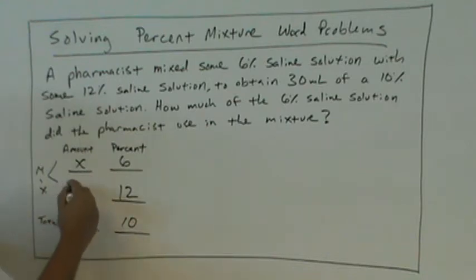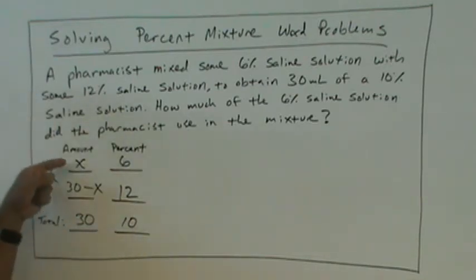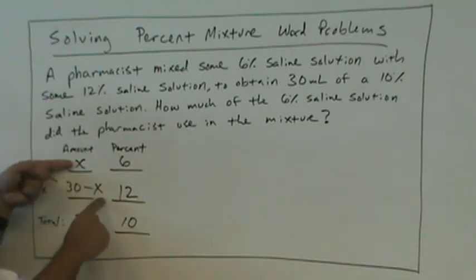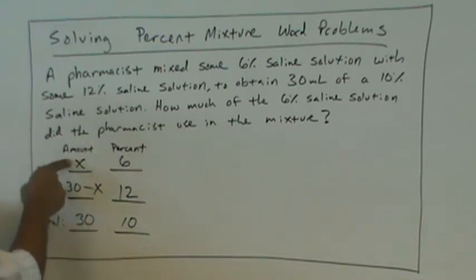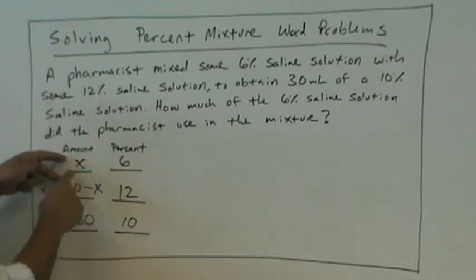So if I have 30, I have to subtract whatever that was. If this was 9, then you told me 30 minus 9, which was 21. If you told me 15, then you did 30 minus 15, because that has to add up to 30.